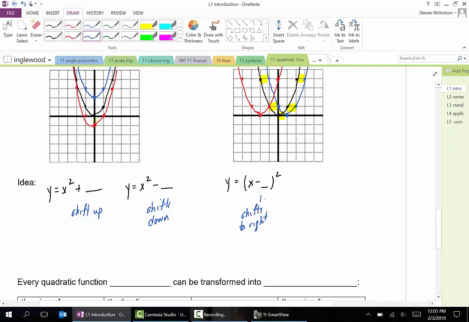And it shifts to the right whatever number is there. What happens when we have y equals x plus a particular number, in brackets all squared? Well, what happens is it shifts to the left. And it shifts to the left whatever that number is.